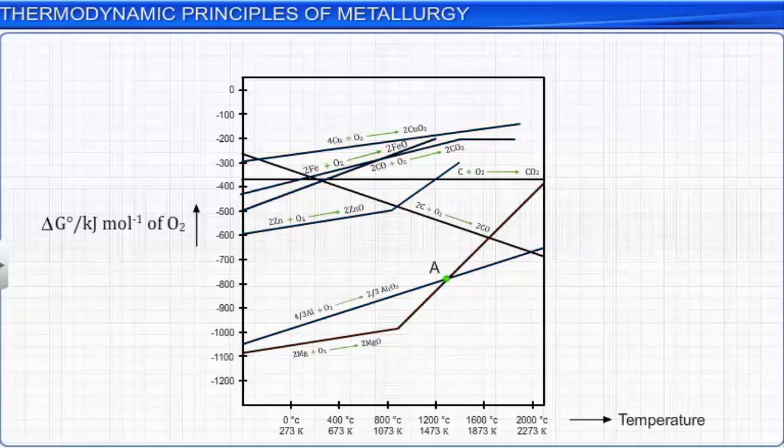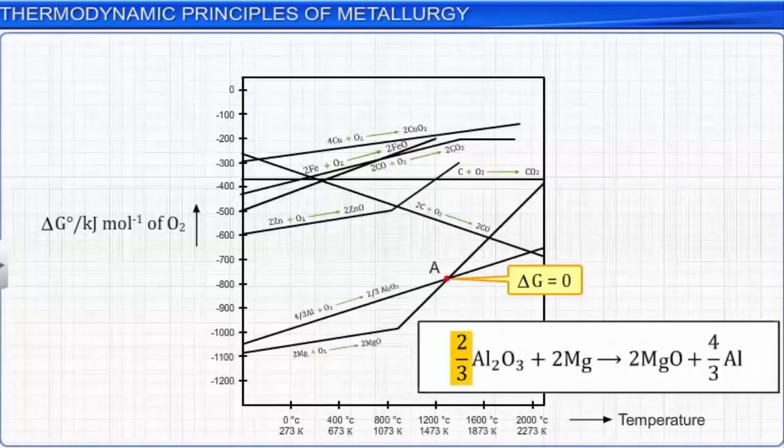At the point of intersection of the curves for aluminium oxide and magnesium oxide, A, the change in free energy delta G becomes 0 for the reaction 2/3 Al2O3 plus 2 Mg gives 2 MgO plus 4/3 Al.